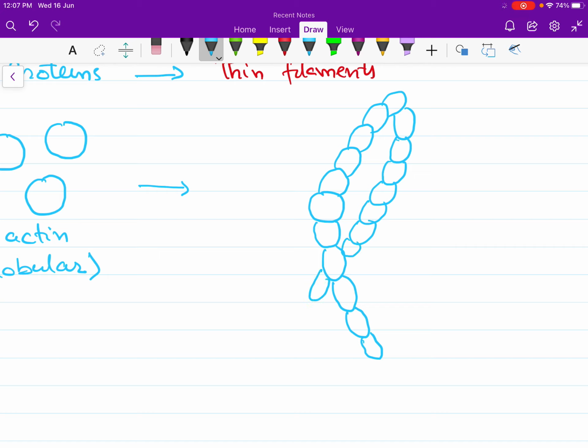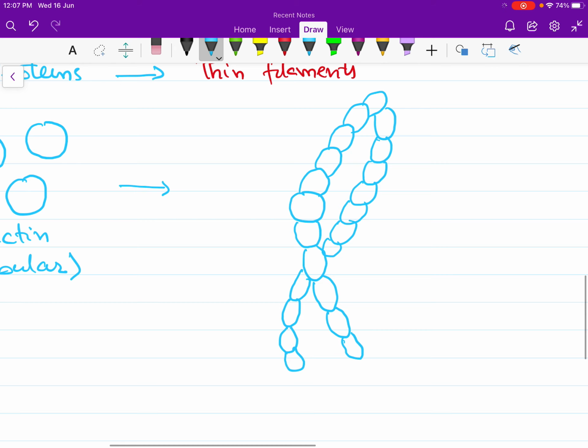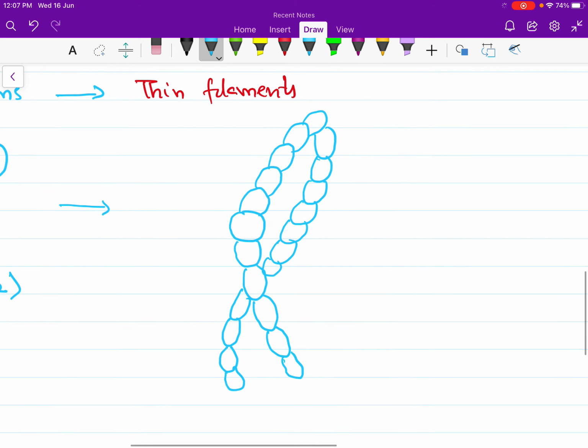So F-actin is formed by the polymerization of the G-actin. F stands for fibrous actin.